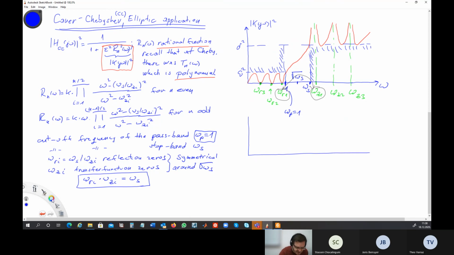Because we must use this equation here, of course, with this k and epsilon and Rn, then we can plot that it looks like this. This is here 0 dB. This is the absolute transfer function. This is unity. This is omega s.